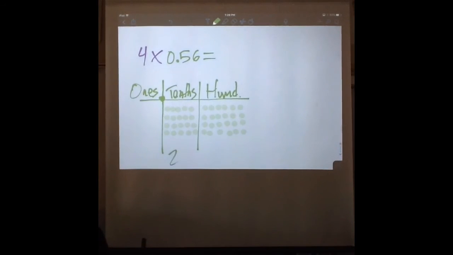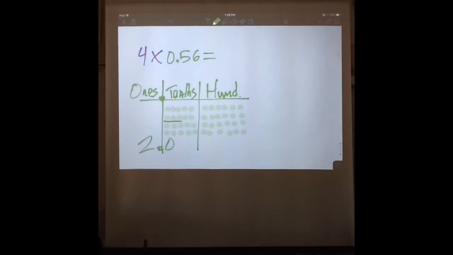Ooh. That makes 2. Remember, where would we put our decimal on this? Between the 2 and the 0. So I'm just going to pull this off for a sec. I'm going to put the 2 here and the 0 here. That would be our first number.